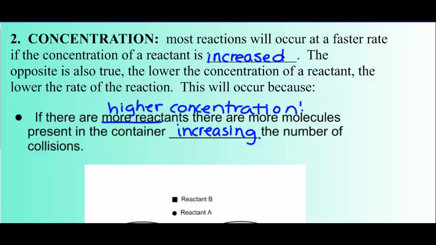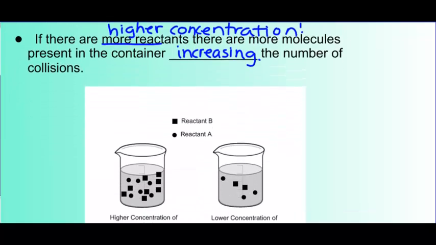If there's only 2 of you in the classroom, there's a very low chance that you will collide with each other if you move about randomly. But now if I put 100 students in the classroom, there's a greater chance of collisions. So the more concentrated, the more atoms or molecules there are, the greater chance of collision. If there's a greater chance of collision, there's a faster reaction rate.